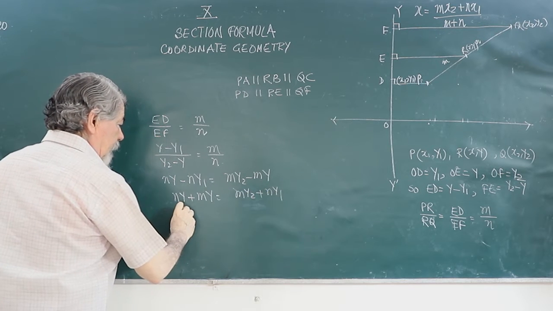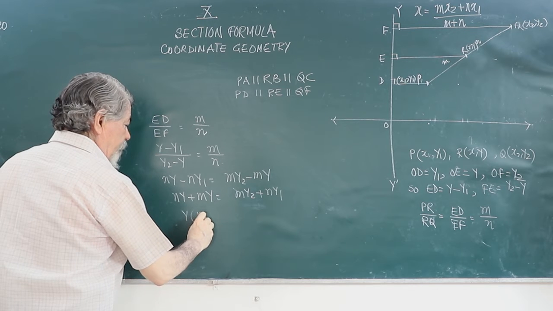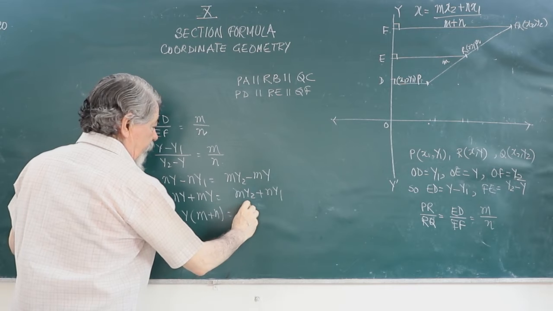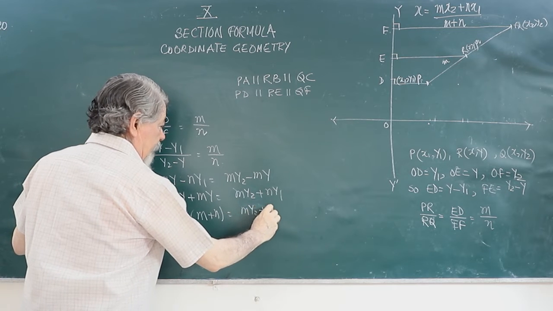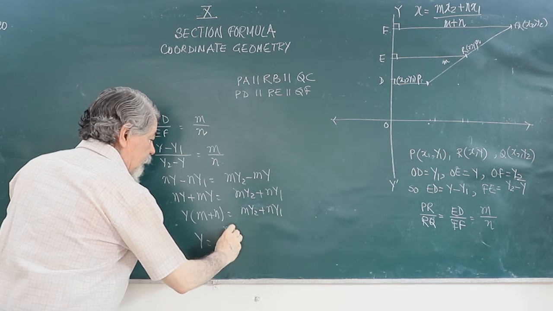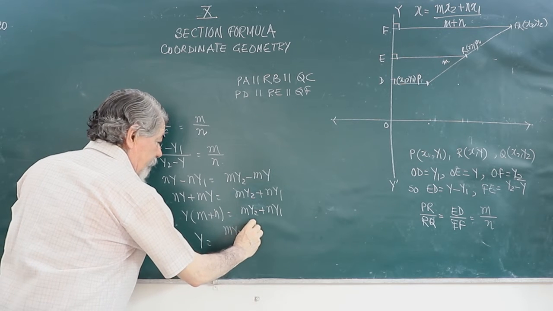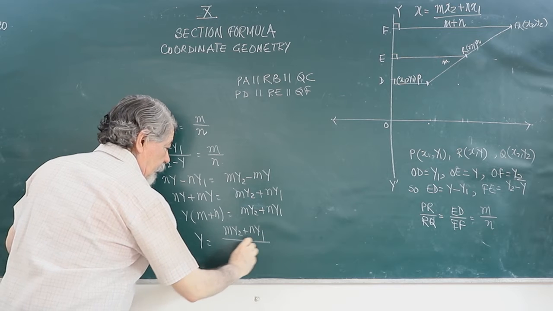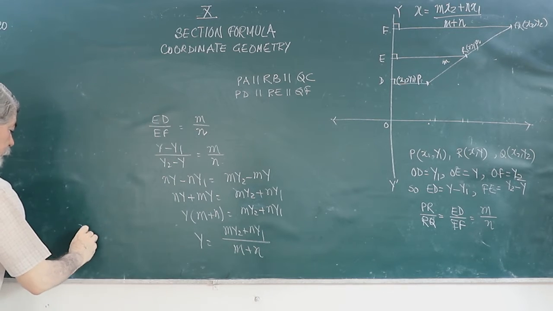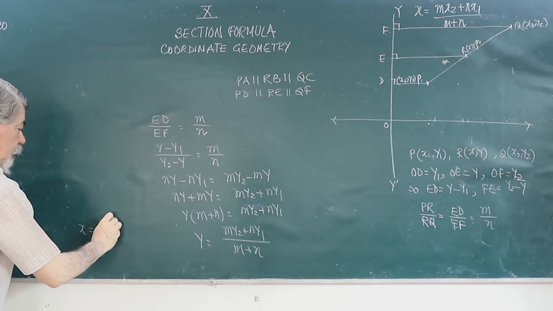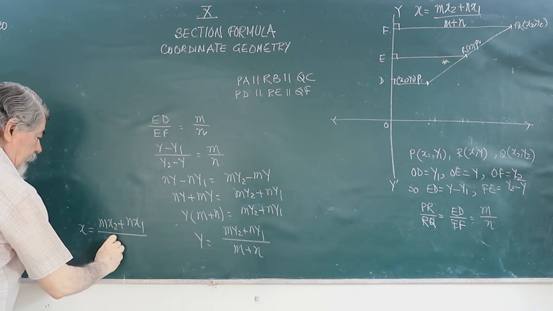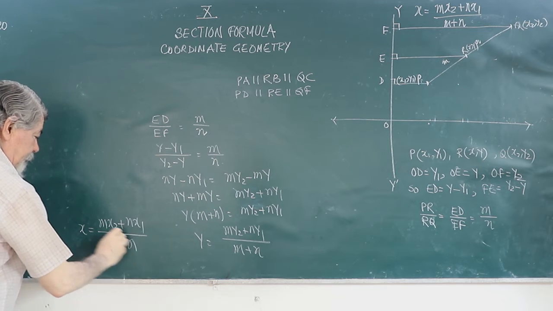I'll take y common: (m plus n), or (n plus m), one and the same thing, is equal to my2 plus ny1. So y will become (my2 plus ny1) upon (m plus n). For your benefit, I'll write the x-coordinate also. That is (mx2 plus nx1) upon (m plus n).